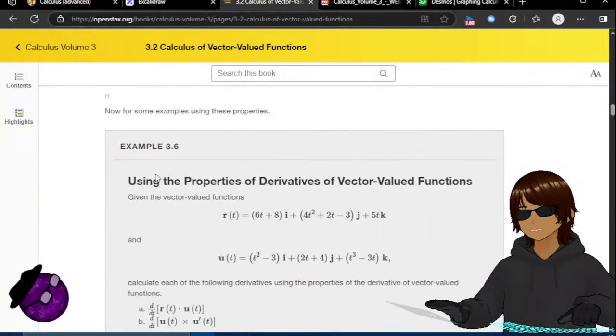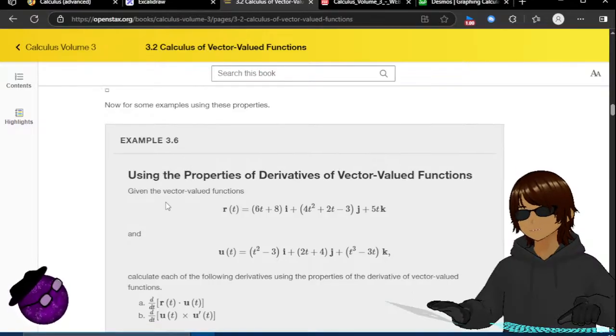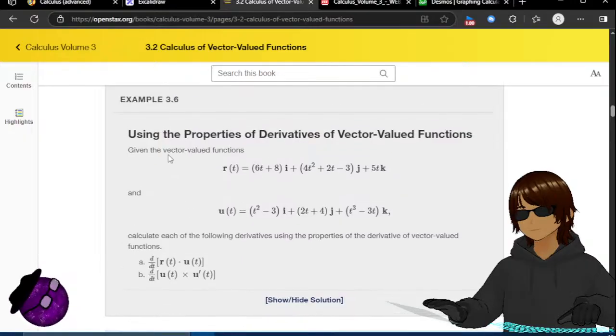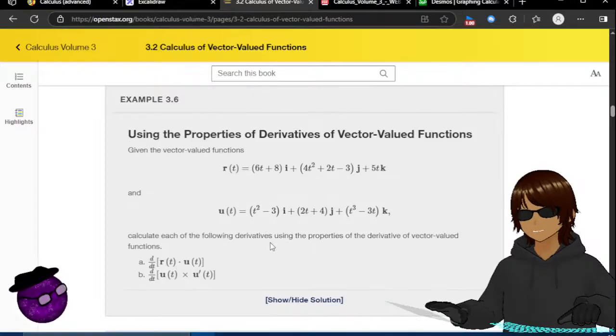Using the properties of derivatives of a vector valued function, calculate each of the following derivatives.